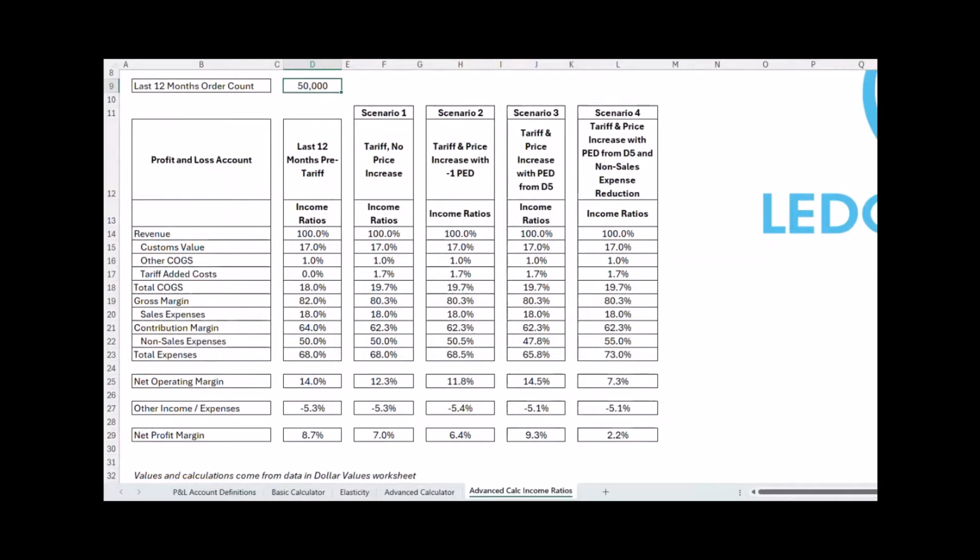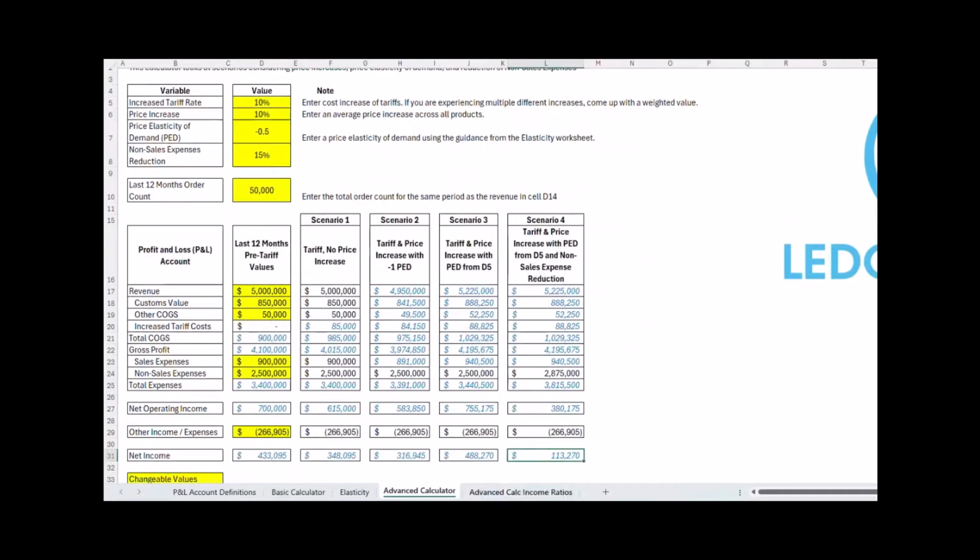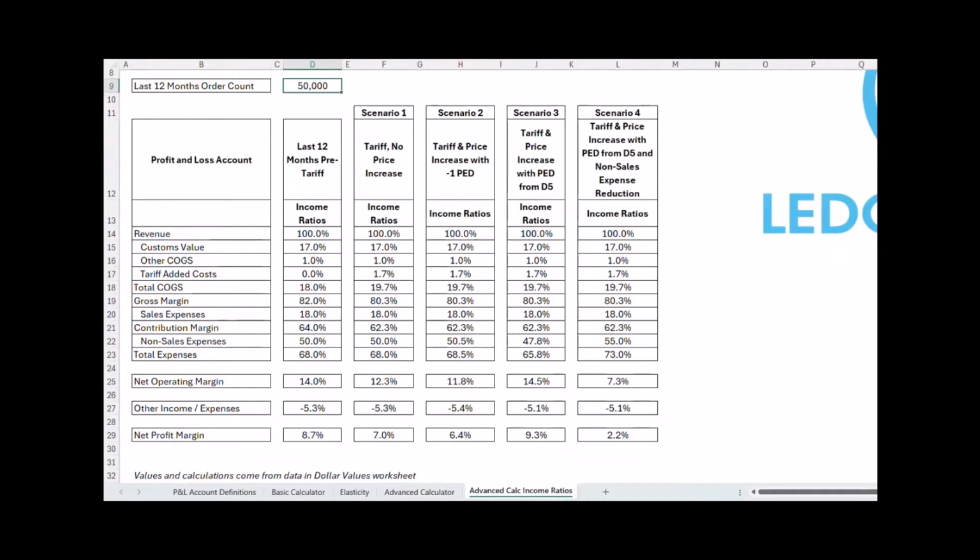On this page, you can see the percent of income allocated to each of these accounts. But more importantly, you can see how your net profit margin is going to perform based on the scenarios that are on this advanced calculator. So this will give you some really valuable information moving forward so that you know exactly what decisions you want to make and how those decisions will affect your net profit margin.